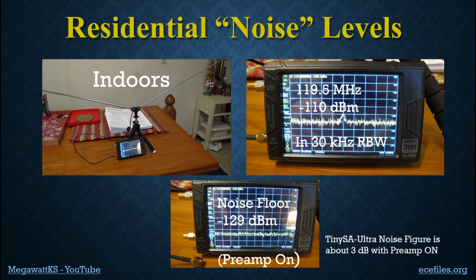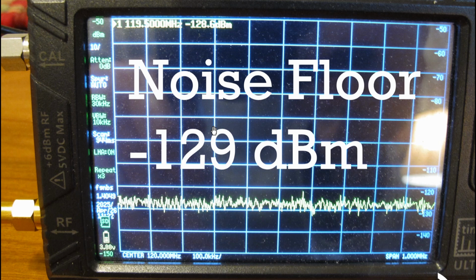This is 119.5, 120.5, so it's centered at 120 with a 1 megahertz span. Down at the bottom is what I see when I'm not hooked up to the antenna. This is just the noise floor of this spectrum analyzer, which is only a few dB above thermal, it turns out, if you turn on the preamp and turn down the attenuation.